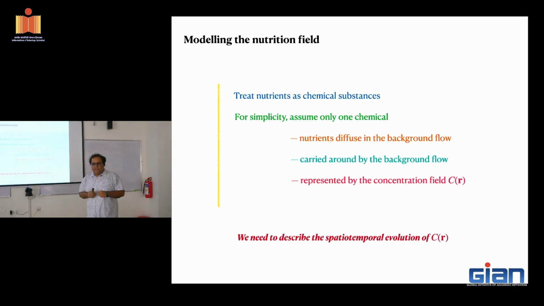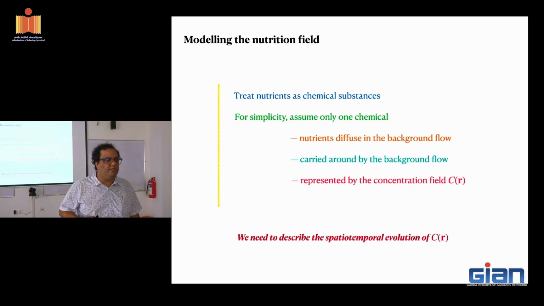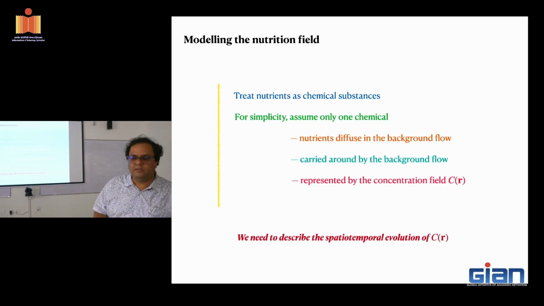That was for humans, okay? So these nutrients will diffuse in the background flow. At the same time, they will be carried around by the background flow. There will be diffusion, and there will be advection. Let us represent this chemical substance by a concentration field C. Once you have done this, you will need an equation to describe the spatiotemporal evolution of the concentration field, right?